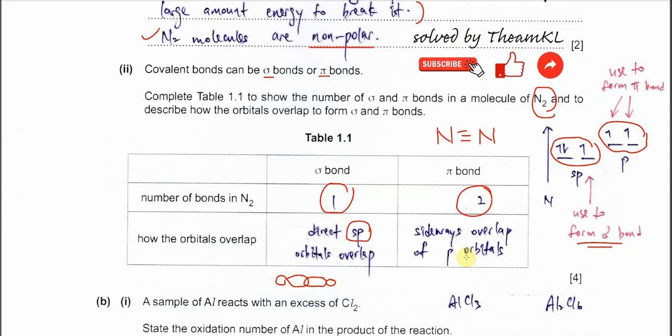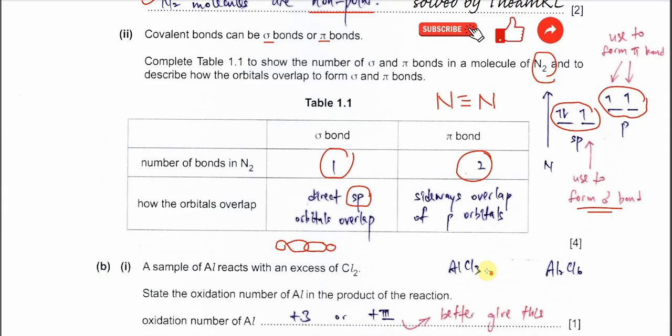For the pi bond, everyone should know that in order to form it, it will be the p orbitals overlapping sideways. So the orbitals overlap sideways, the p orbitals, and form the two pi bonds because there are two unpaired electrons in the p orbitals.